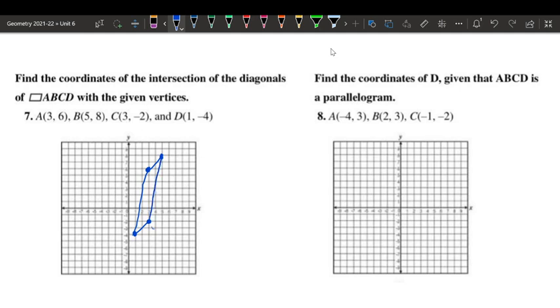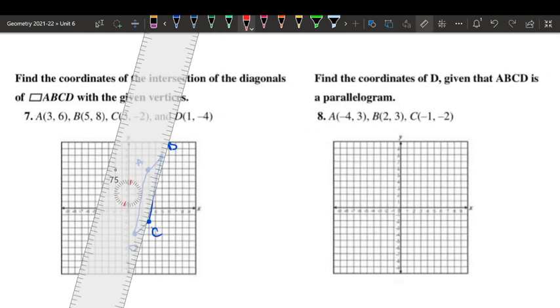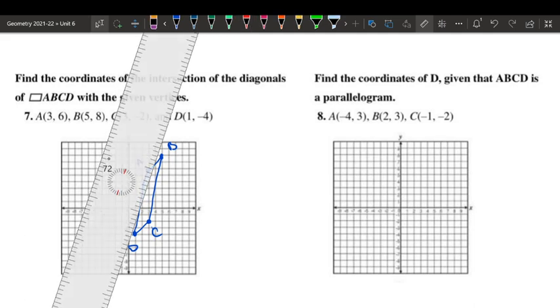All right, so once that is said, where's the intersection of the diagonals? So I need to draw the diagonals. That's going to be really, really hard for me to do. All right, I'm just going to get a ruler.